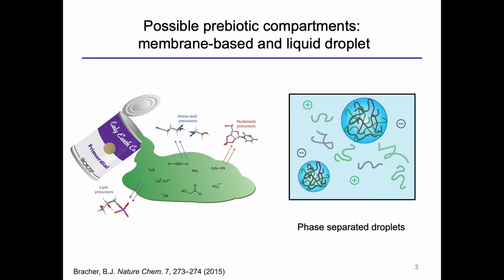As you can see here with the primordial soup, you have some molecules that can form both of these compartments. I'm going to focus on phase separation specifically for this talk.